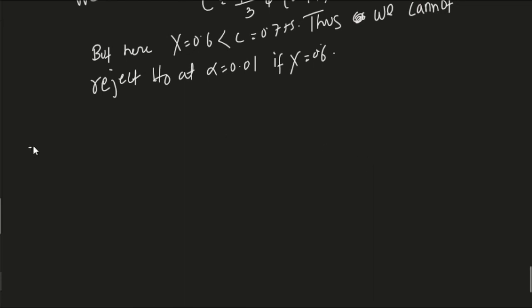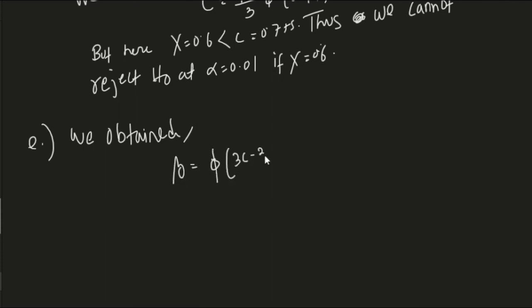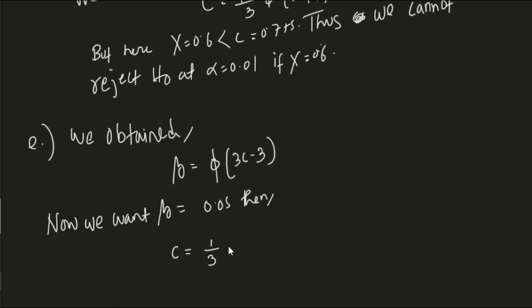Now what we want is beta equals 0.05, right? Then this gives you 0.452, right?